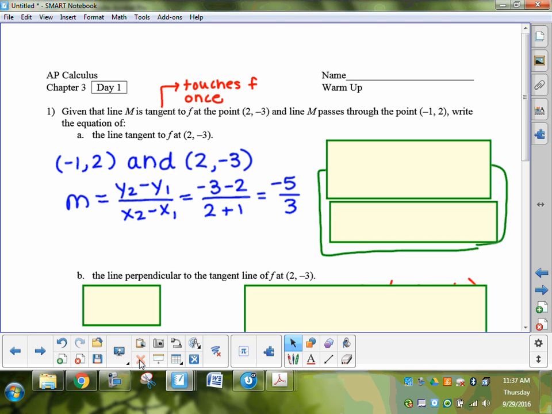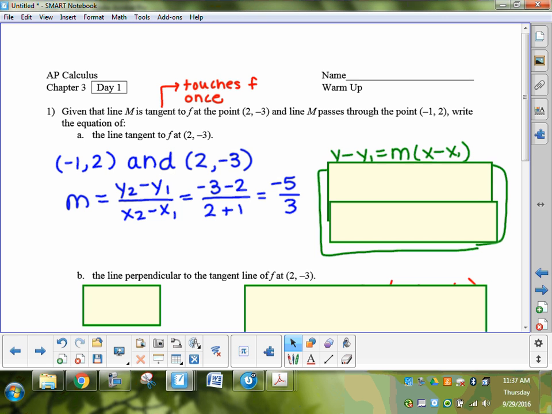You're going to use y minus y1, right? Which point do you want to go through and use? Okay, so what would that be when you plug in that slope? I don't need you to get it in y equals form. What did you have?